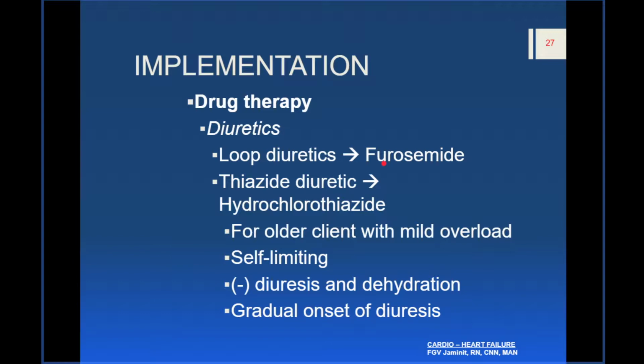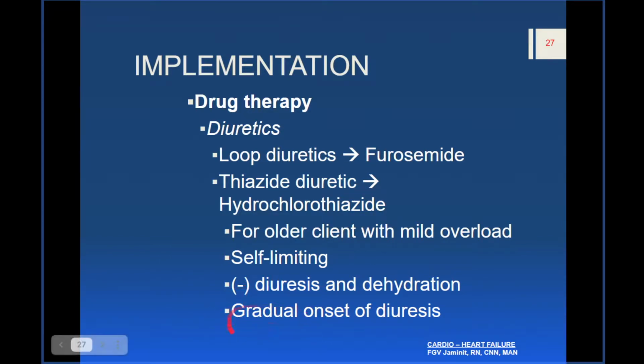For the thiazide diuretic in the form of hydrochlorothiazide, these are usually used for older clients with mild overload that is actually self-limiting. So there is less diuresis, therefore less dehydration can happen.